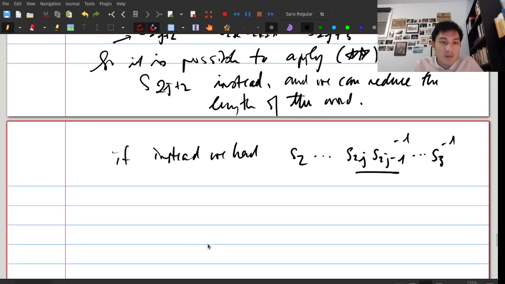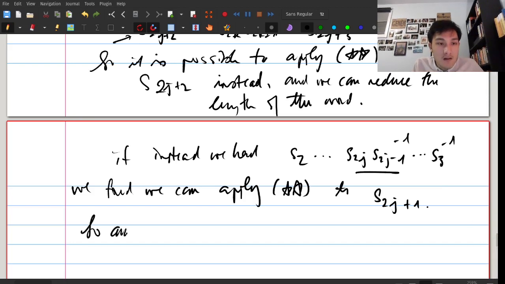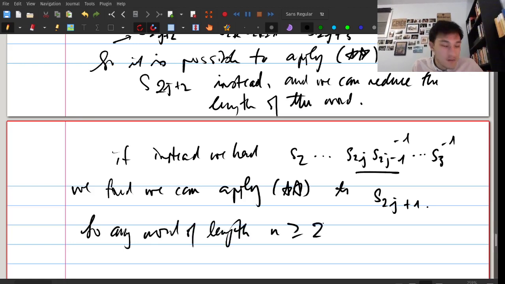The same thing, we find we can apply double star to S2j plus 1 instead of S2j plus 2, and find a replacement whose product is actually equal to E. Okay, so any word of length n greater than or equal to m plus 2 can be reduced.